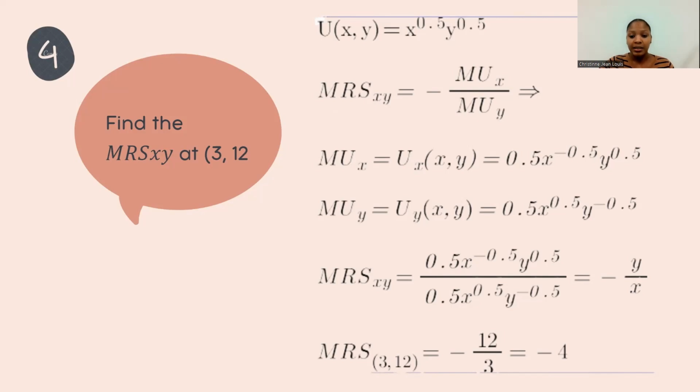If we take the negative of MUX over MUY, as we can see, MUX in this utility function will equal 0.5 X to the power of negative 0.5 Y to the power of 0.5, and the marginal utility of Y will equal 0.5 X to the power of 0.5 Y to the power of negative 0.5. Now we can see that MRS XY will finally equal negative Y over X. Considering that X equals 3 and Y equals 12, the MRS of 3 and 12 will equal negative 4.